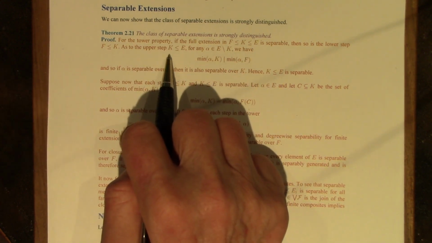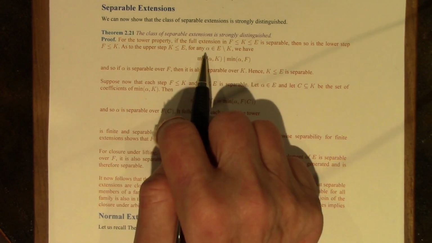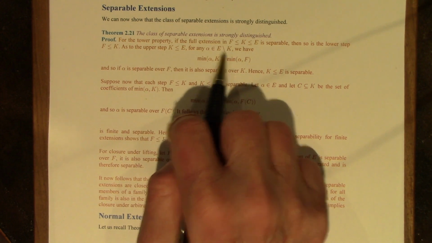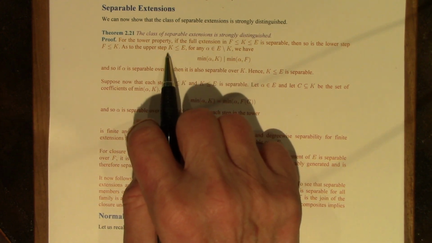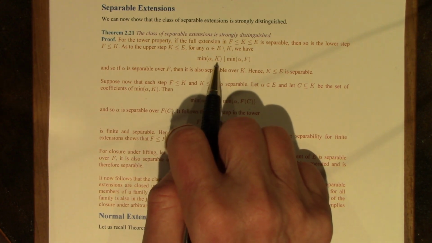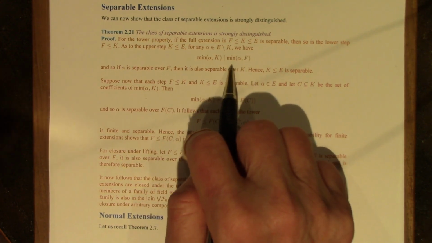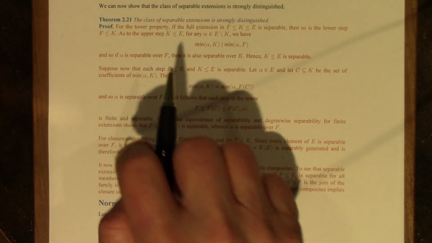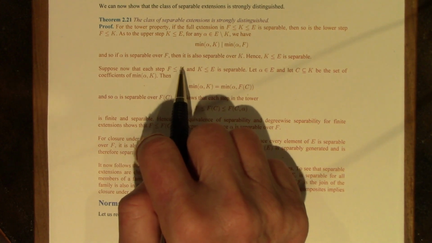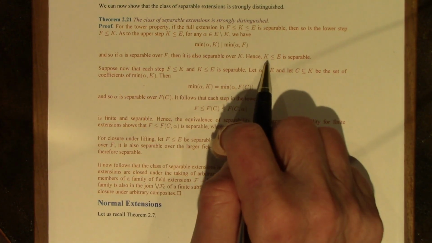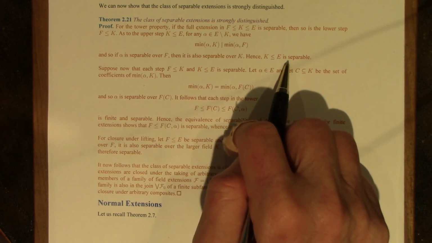As for the upper step, for any alpha in E but not in K, the minimal polynomial of alpha over K divides the minimal polynomial of alpha over the smaller field F. And so if alpha is separable over F, then it's also separable over K. And so the upper step is separable.